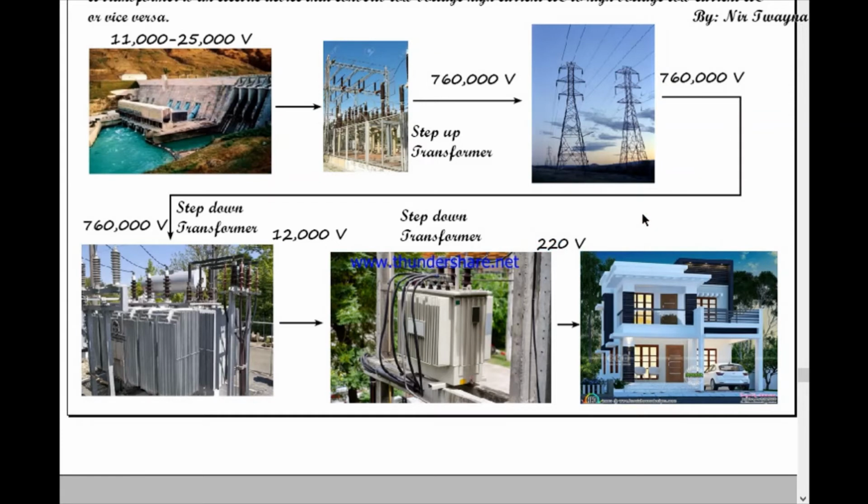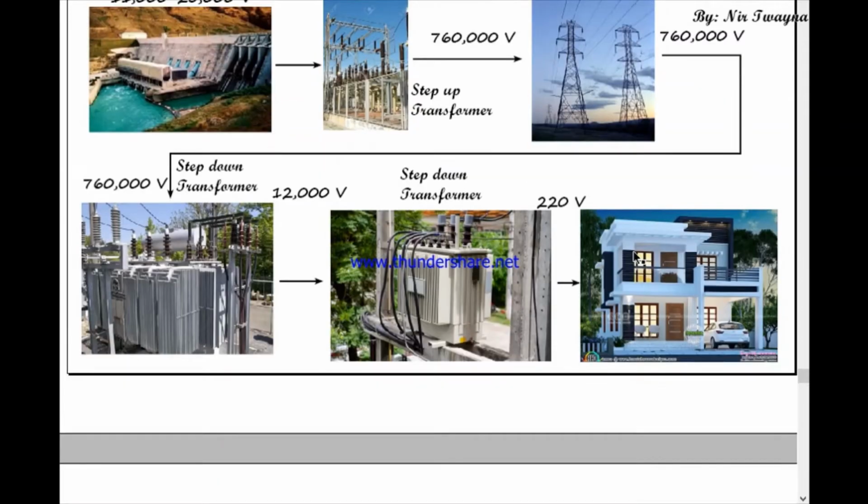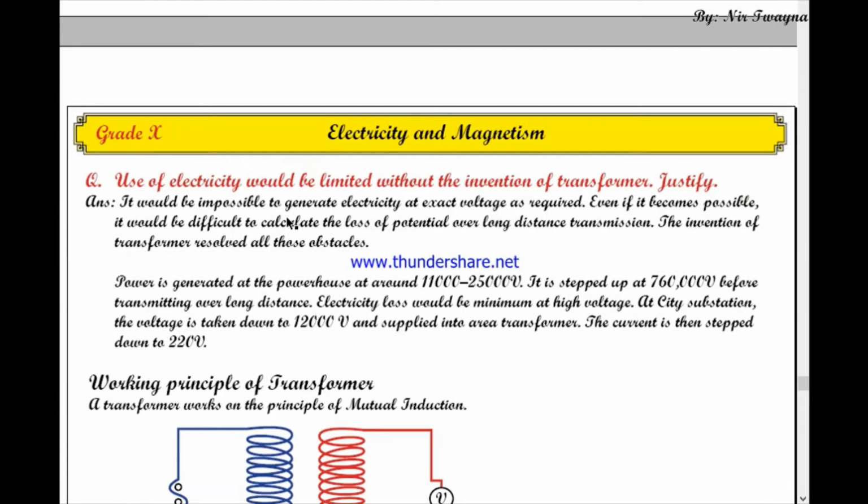At such small voltage, most of the current would be lost within the transmission line because of resistance of the wire. So virtually no current will reach your home, or you have to build your home near the dam. Will that be possible?